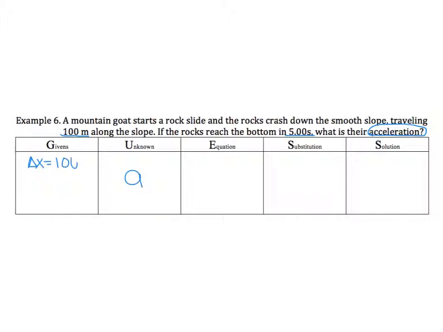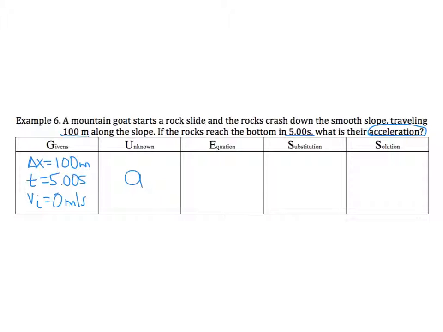I have 100 meters. And I do have t at 5 seconds. Now, I have VI. It doesn't really tell you in the problem directly, but the rocks started at the top of the slope with 0 speed. So our initial velocity is 0.